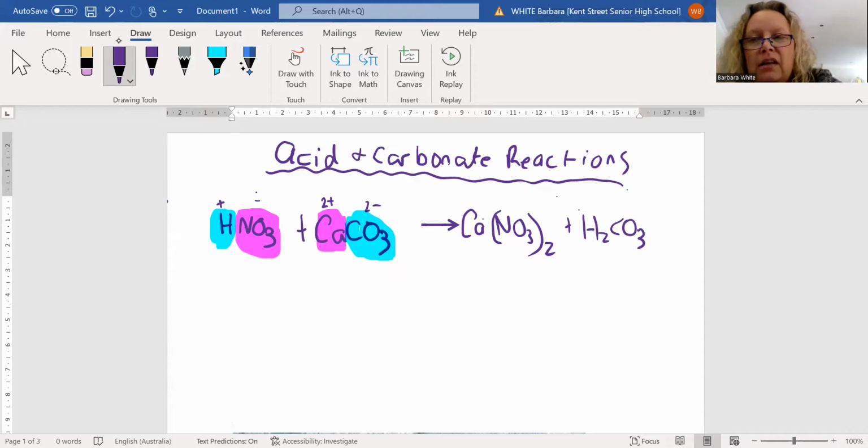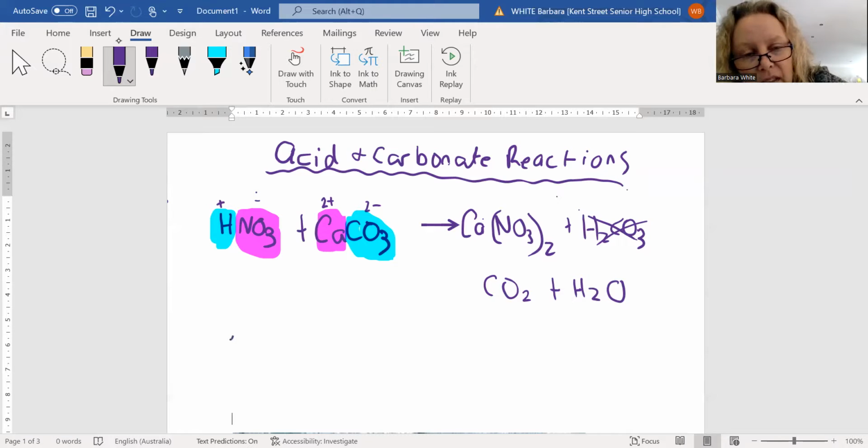It only survives like that under pressure, which is why when you take the lid off your soft drink, the carbonic acid turns into carbon dioxide, which comes out as fizziness in your drink, and water. So you don't actually get carbonic acid, not unless you're doing this under high pressure. So you get a salt.